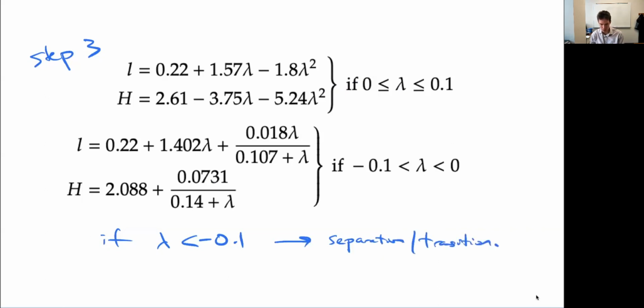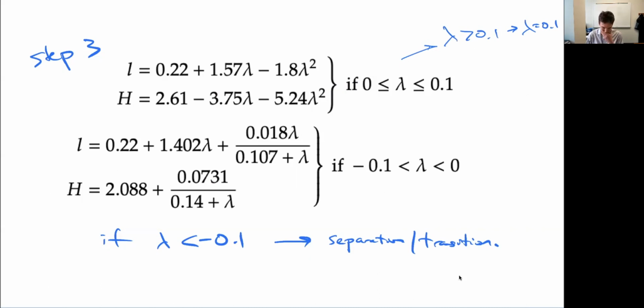We're assuming it's going to transition. Notice that these fits also don't go past 0.1. So we're going to say if lambda is greater than 0.1, just use the value at 0.1. So that would just be a maximum. This is an increasingly healthy boundary layer, but we won't make L or H any different from the value right at 0.1.